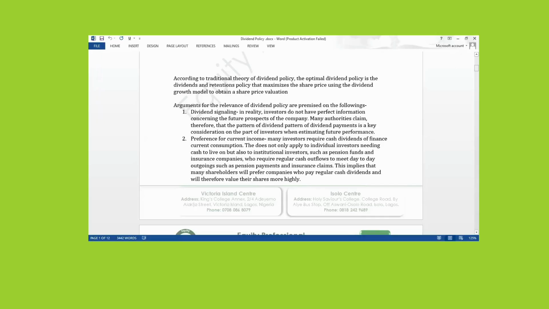The arguments for the relevant theory of dividends are premised on the following.